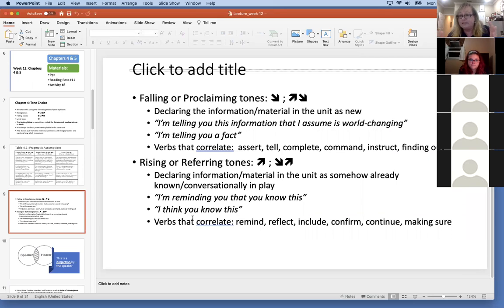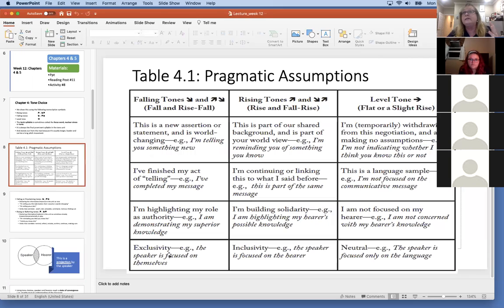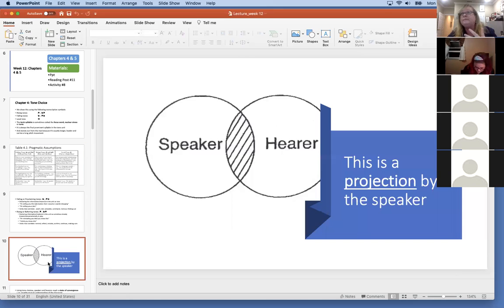It's inclusivity, right? It's back up here with this idea of I'm focused on you as the hearer. Here's why I'm using these tones, right?